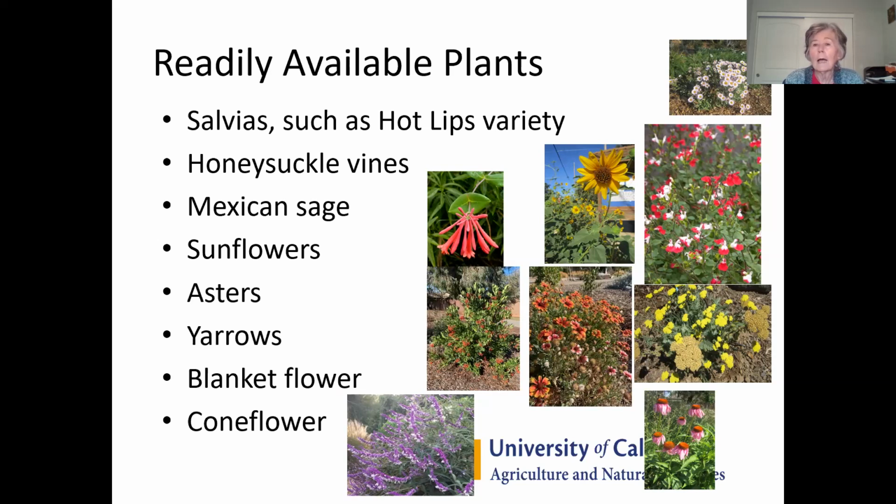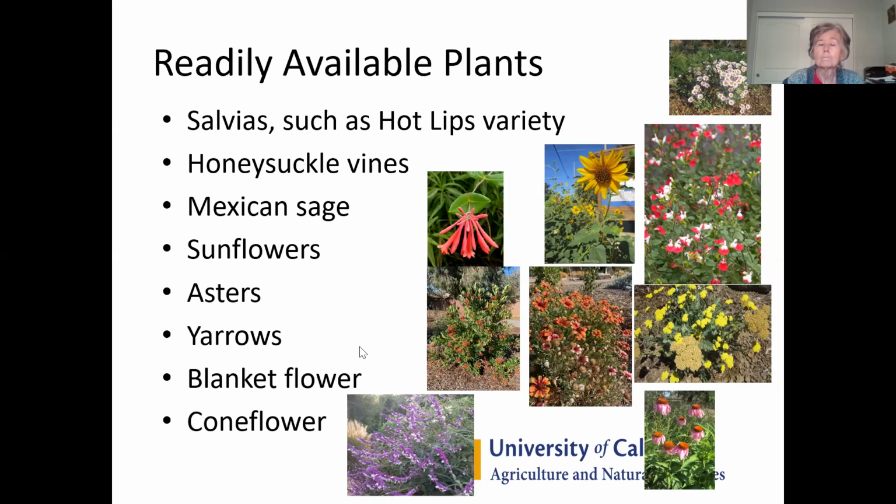Sunflowers, asters, yarrow, blanket flowers, and cone flowers. These are cone flowers down here. The salvias or sunflowers, and let's see, somewhere there's some yarrow. Yeah, here's yarrow. So all of these are great plants to have in your yard that are not necessarily native, but are very attractive to butterflies.